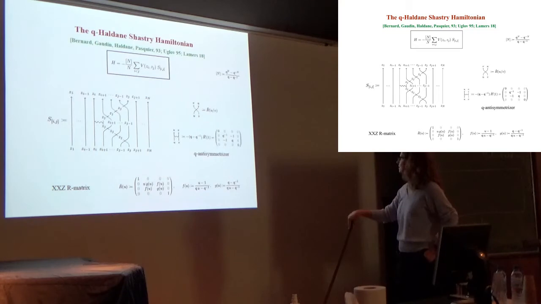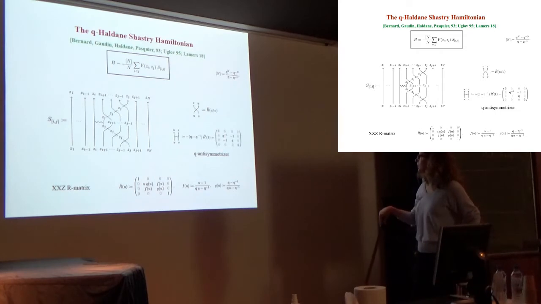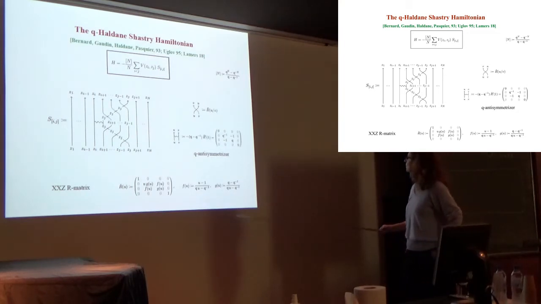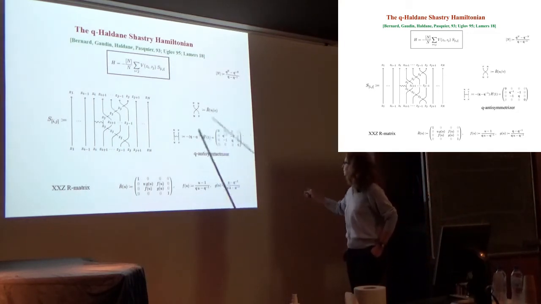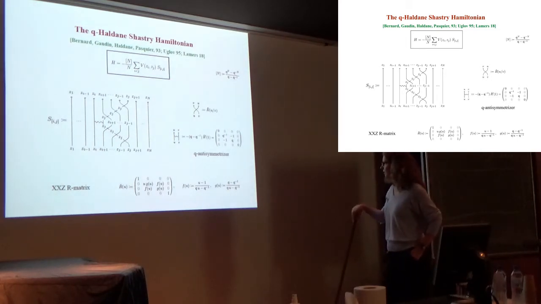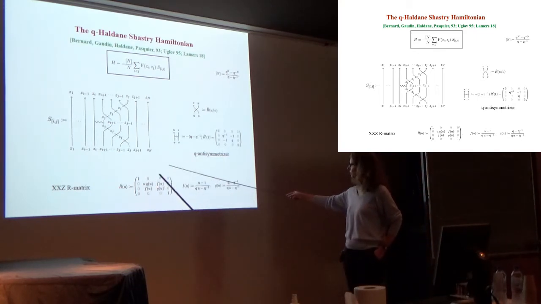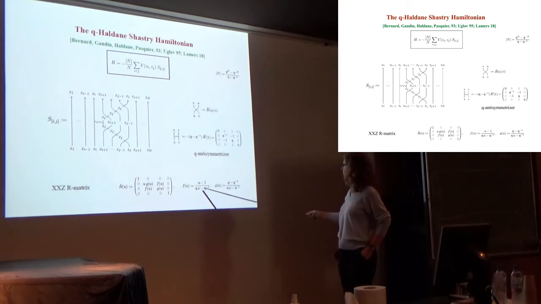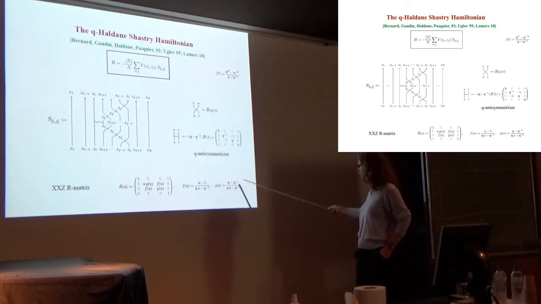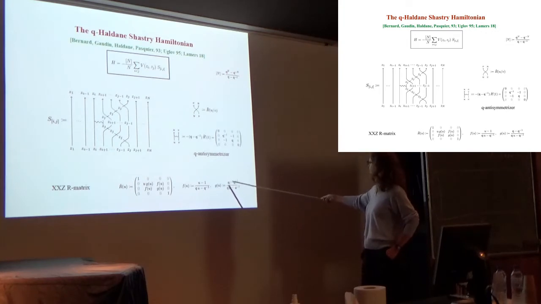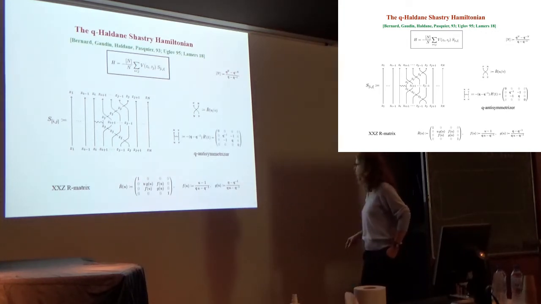The interaction is a little bit complicated if you want to write it in terms of local spin operators, but it can be visualized in the following terms. You write the R matrix of the XXZ Heisenberg model, a 4x4 matrix of this type with some function of the rapidity variable. There is a deformation parameter q, which will be denoted Roman q here.